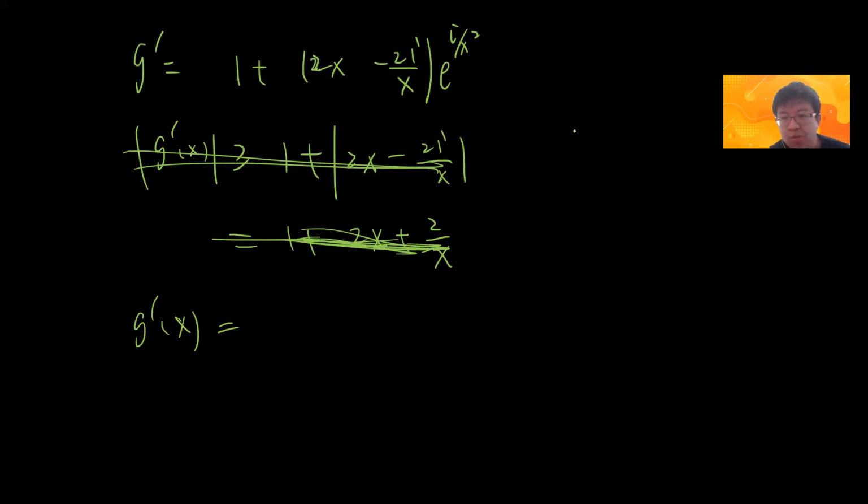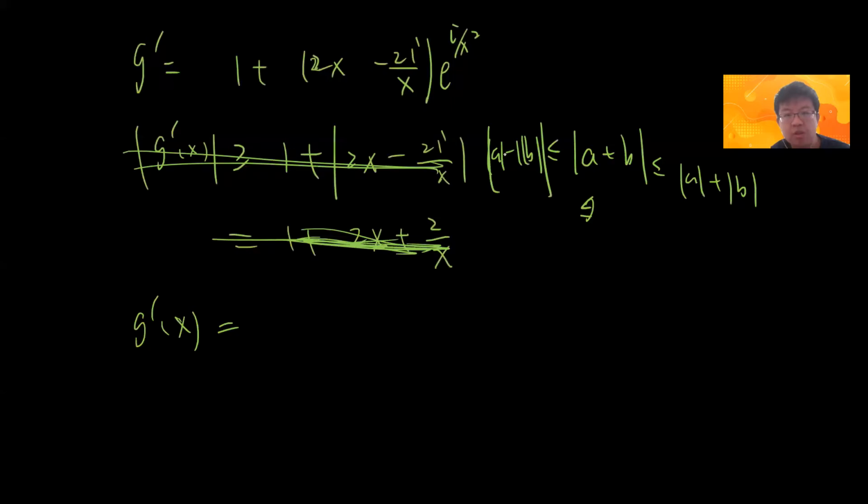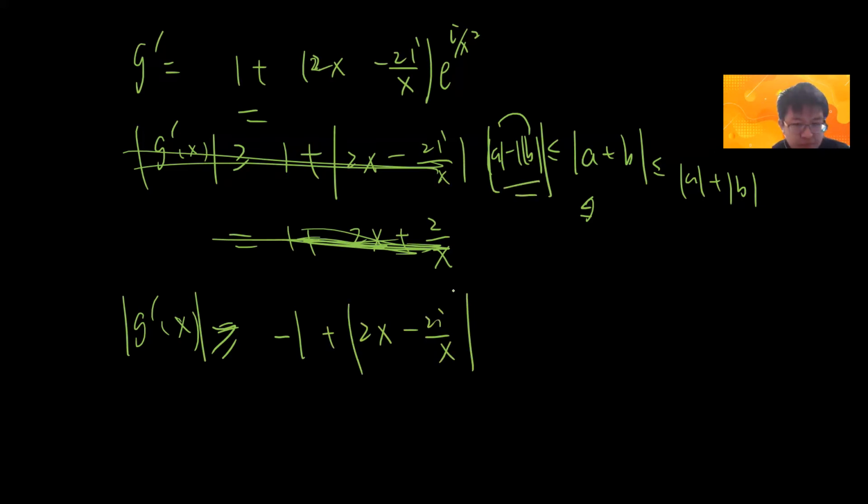You know that the absolute value of a plus b is less than or equal to the absolute value of a plus the absolute value of b, and the absolute value of a plus b is greater than or equal to the difference of the absolute values. So the absolute value of g prime of x is greater than or equal to the absolute value of 2x minus 2i over x, minus 1. Obviously this is always greater than or equal to 2 over x minus 1.